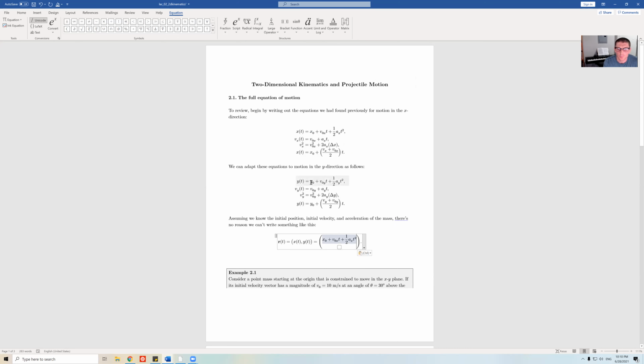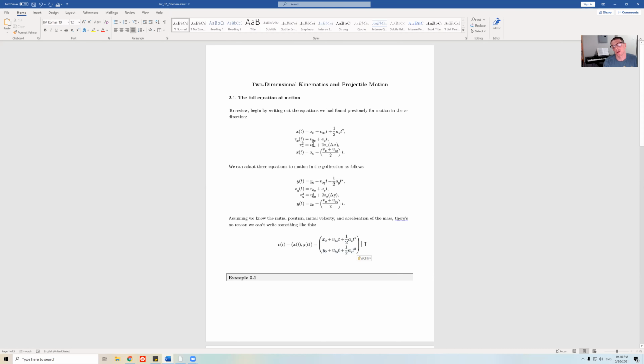But we can say then, after I fill this in, that assuming we know the initial position vector, the initial velocity vector, and the acceleration vector, which we're going to assume is constant, we now have the position of the mass in 2 dimensions from this equation. And that's powerful stuff.